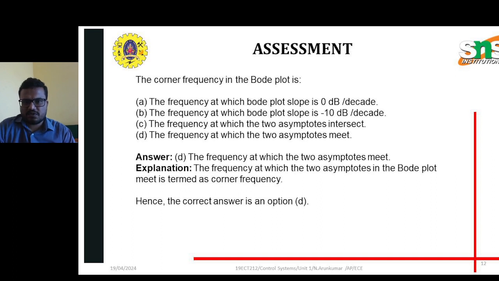The answer is the frequency at which the two asymptotes meet, because the frequency at which the two asymptotes in the Bode plot meet is termed the corner frequency. Hence the correct answer is option D.